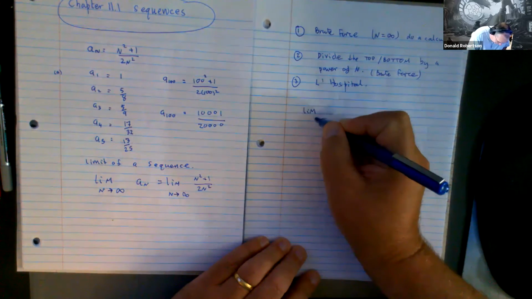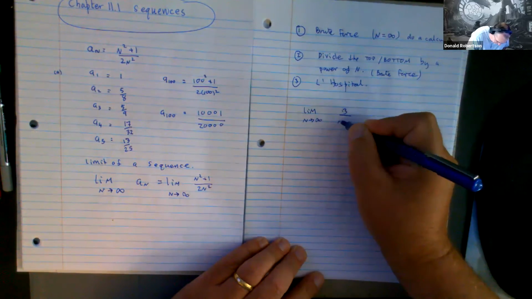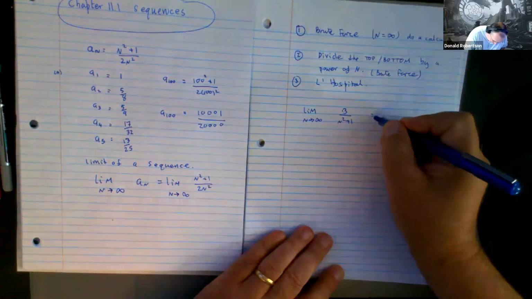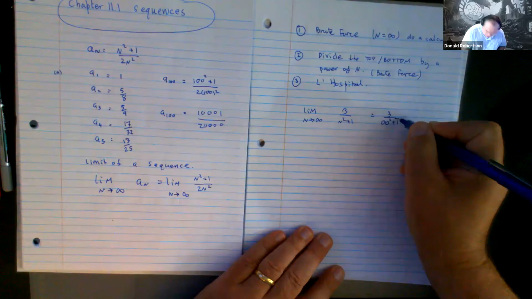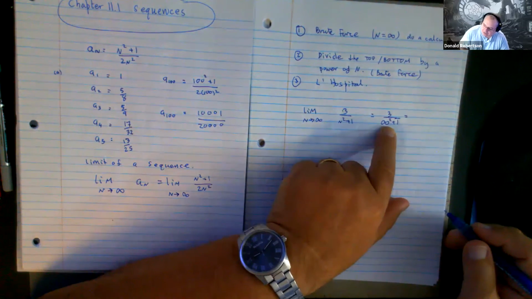Suppose I wanted to find the limit as n tends to infinity of 3 over n squared plus 1. Well, according to brute force, you would just essentially plug in infinity. Now, when you deal with infinity, you have to be really, really careful about what you can do and what you can't do. Would you agree that infinity squared is still infinite? And if you add 1 to it, it's still infinite.